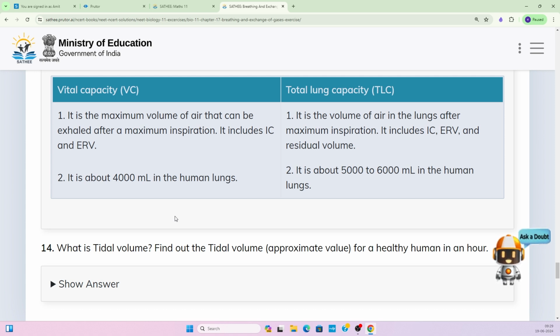Okay, this is the vital capacity. The total lung capacity is the volume of air in the lungs after maximum inspiration. It includes inspiratory capacity, expiratory reserve volume, and residual volume. Unite all together and you get the total lung capacity, right? It is about 5000 to 6000 ml in the human lungs.